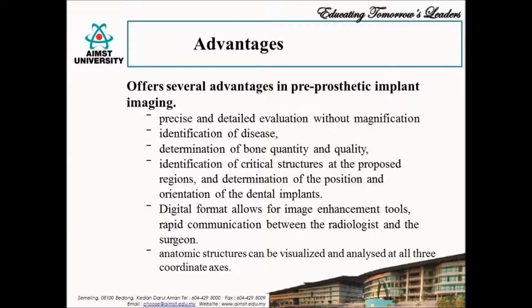Next, moving to the advantages of CT scan. CT scan offers several advantages for the evaluation of the patient. True cross-section offers a precise and detailed evaluation of the height and width of the alveolar ridge for implant placement. CT possesses almost all ideal characteristics for implant imaging, which enables identification of the disease, determination of the bone quantity, identification of the critical structures at the proposed region, and determination of the position and orientation of the dental implants.